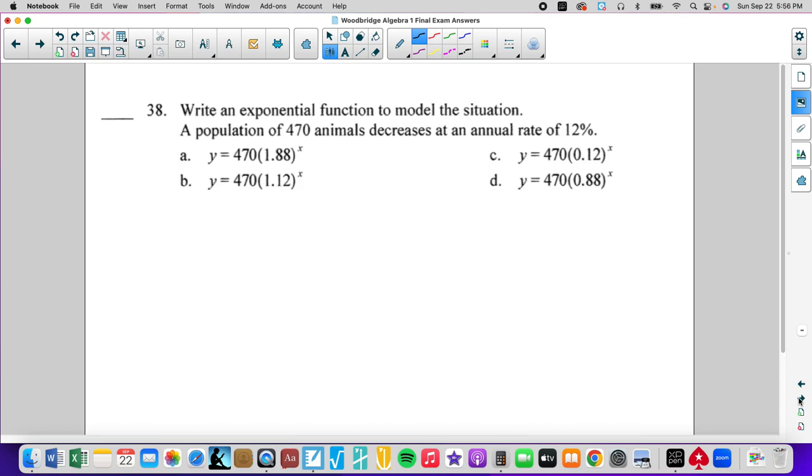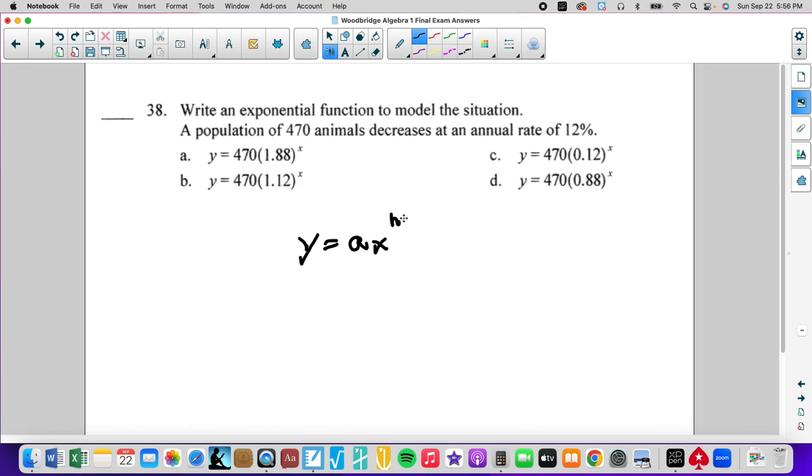Population of 470 animals. That's your starting value, decreases at an annual rate of 12%. So we have a times b to the x is kind of how we do it.